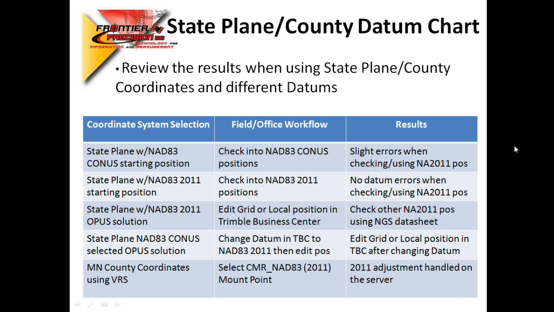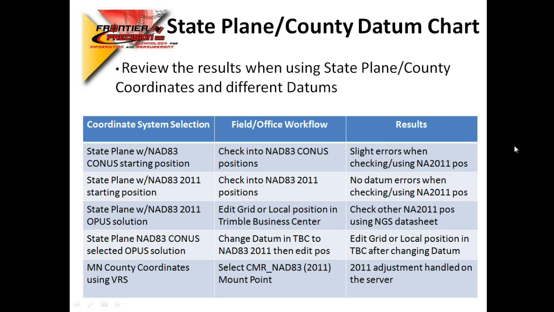So as a review here, when I choose state plane with NAD83 and the CONUS starting position, I check into other NAD83 CONUS positions in the field. That's what I should be doing. If I'm checking in or using, say, an Opus solution, or I'm checking into points that are North American 2011 positions, I'm going to see a slight error.